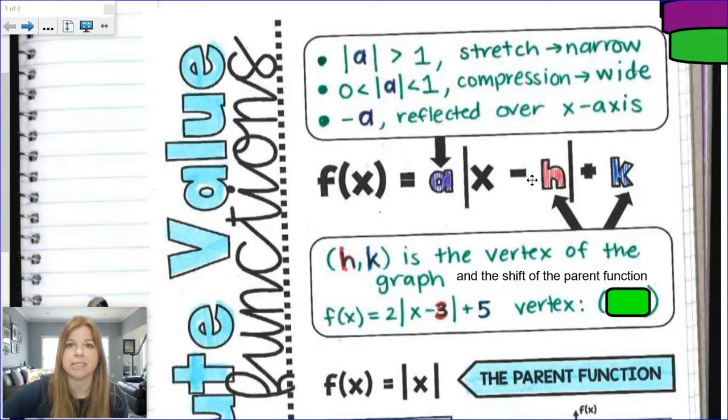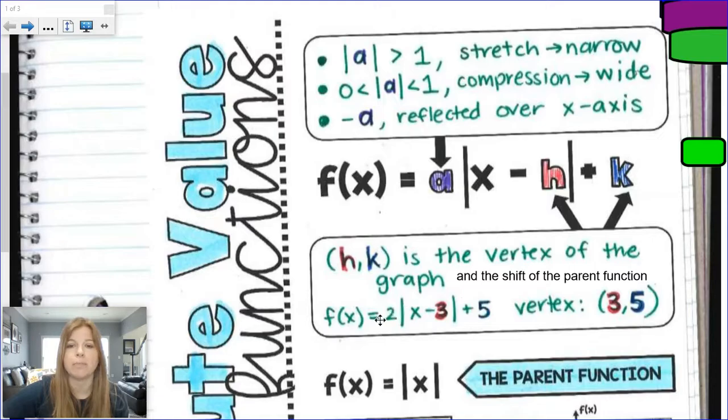So if I see x minus 3, 3 is then the x coordinate of my vertex. Again, notice the format. It's x minus h. So if I see x minus 3, then that means that 3 is my h value of my vertex. Then whatever number is at the end here is my k. So it's positive 5, and that's my vertex, (3, 5).